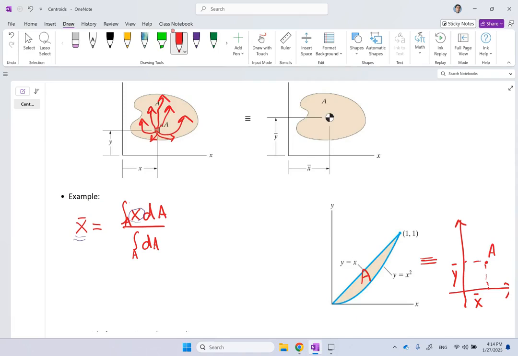So for x, as I said, instead of going with a small square, I would rather go with something with a fixed x. How does that look like?